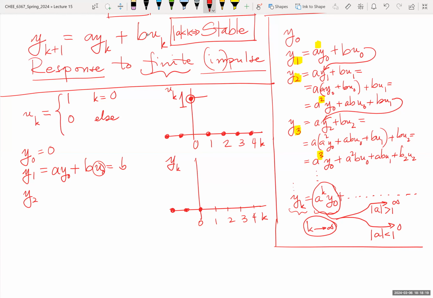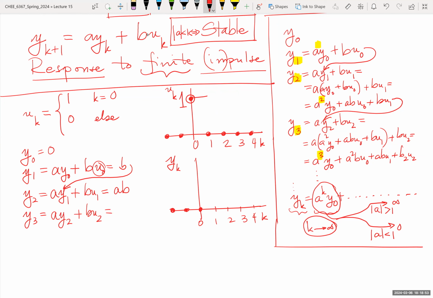And then y2 would be a y1 plus b u1. So y1 is this. So help me with this. ab, right? And then y3 is equal to what? a y2 plus b u2.